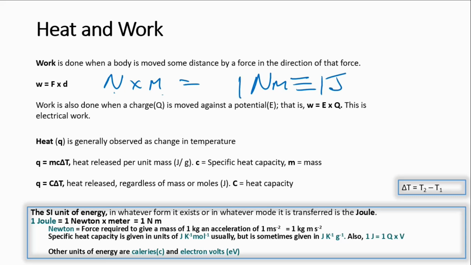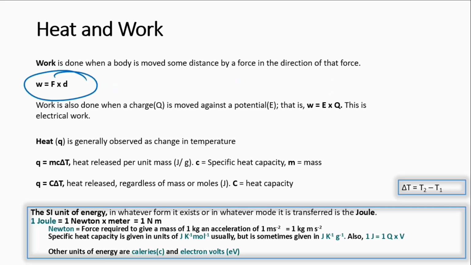Okay, so work is calculated from force times distance. Now you're probably wondering, how are we going to apply this type of thing to chemical systems? You will see shortly, when we go to calculate work done by chemical systems.